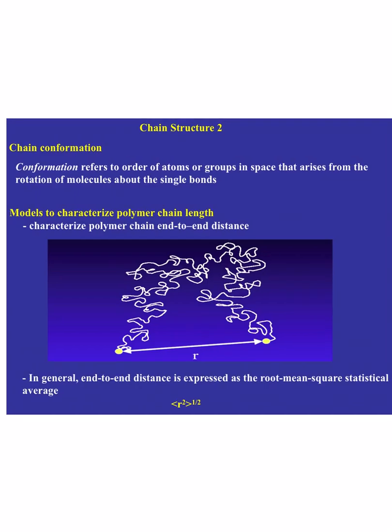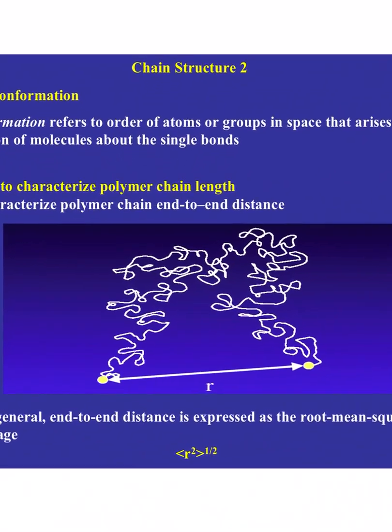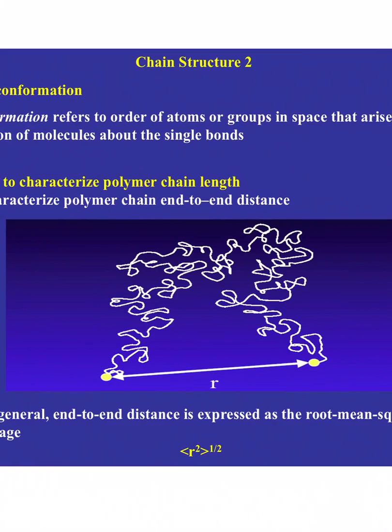All right, and so it's chain structure 2, as I say here. We have conformation, which refers to the order of atoms or groups in space that arises from the rotation of molecules around the single bond. Okay, so that's conformation, and we try to characterize this in different ways using the polymer chain end-to-end distance, which is not the same thing as the end-to-end stretched out distance, okay?